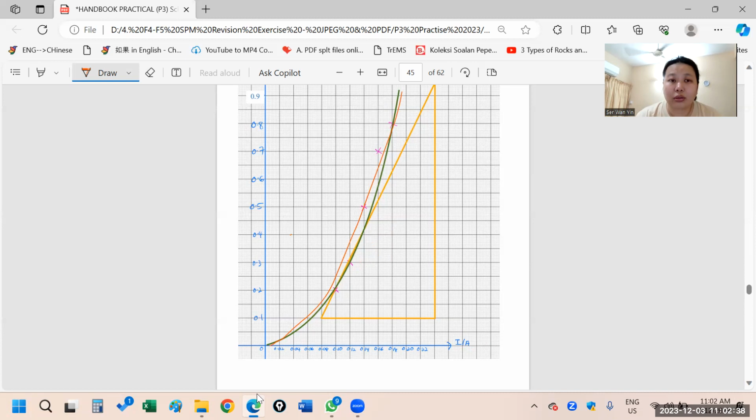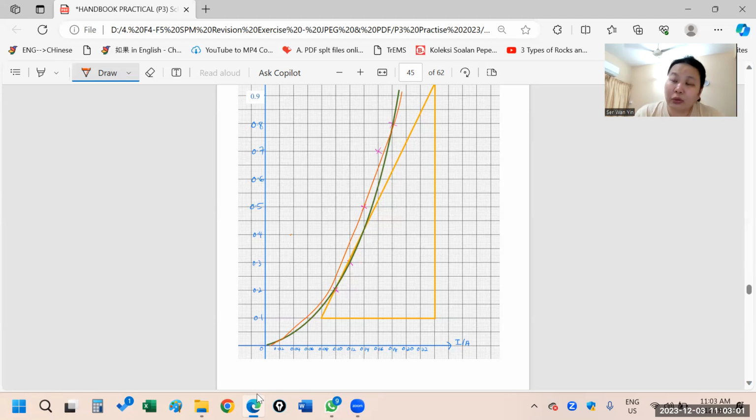Okay, so you have two choices. One is by the ruler, the curve one. Second, freehand. But I believe that you all draw so many graphs in maths and MS. This is actually a quadratic graph.